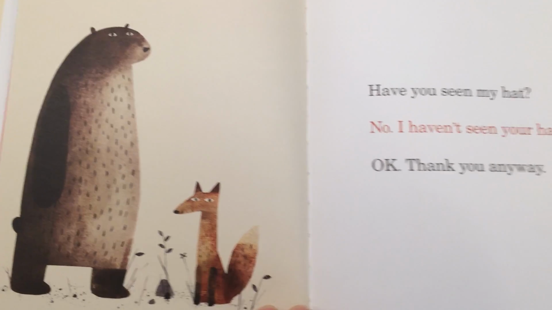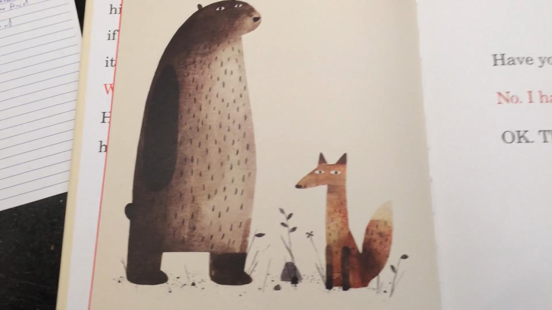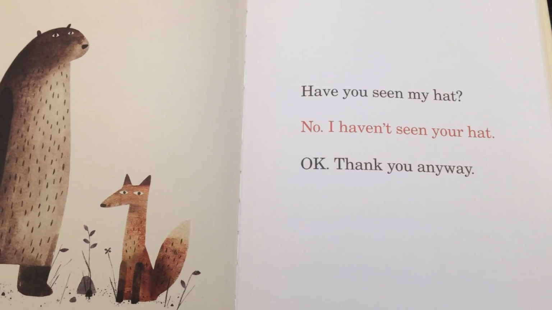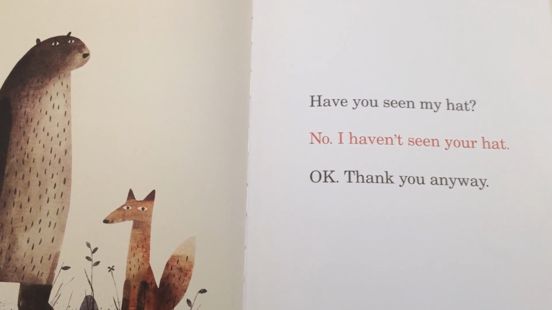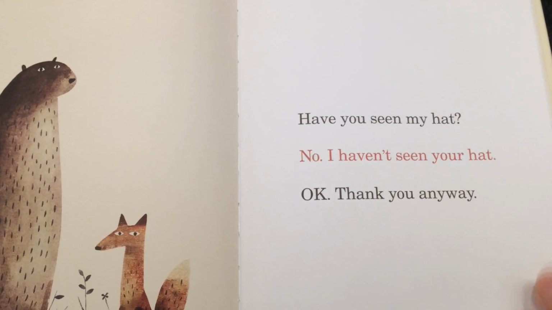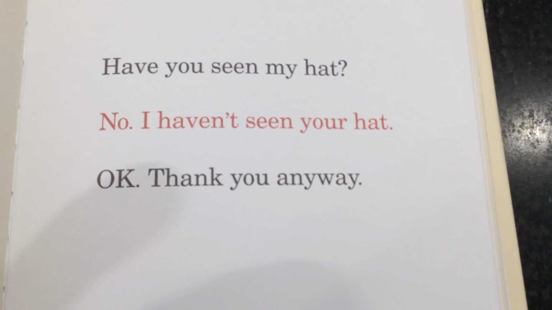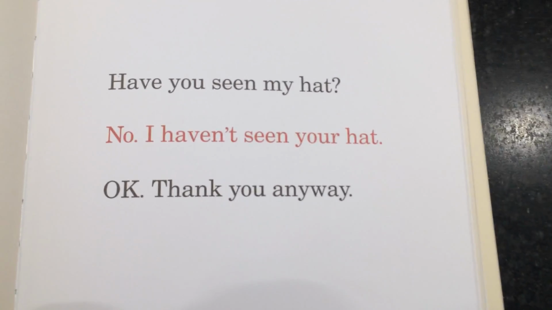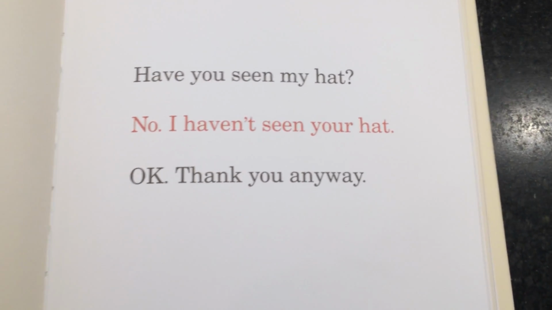It's just his words, and then we see he meets this fox. "Have you seen my hat?" And then the fox's response, which we see in a different color: "No, I haven't seen your hat."